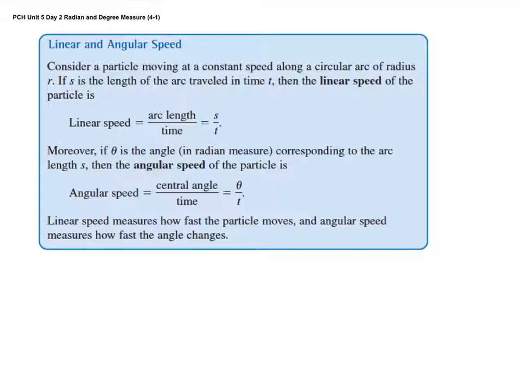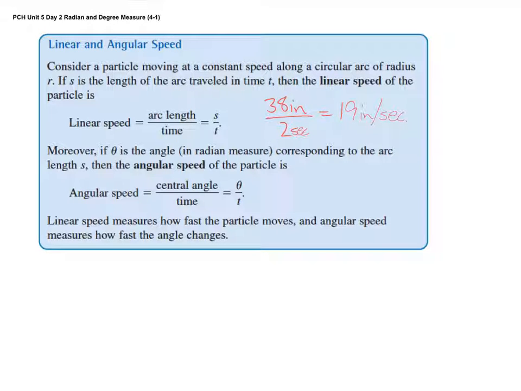So let's say in that previous example, we needed to move that arm within a certain number of seconds. So let's say we needed to move it that 38 inches in 2 seconds. Our linear speed would have been 19 inches per second.